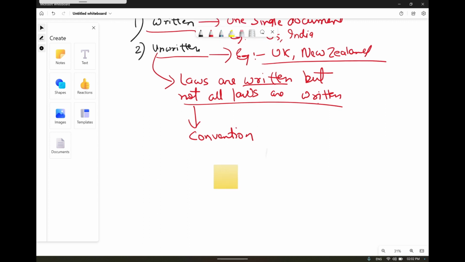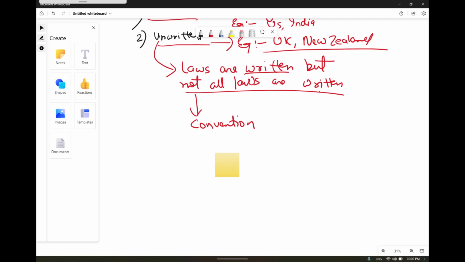For example, the laws which are passed by the British Parliament will be signed and approved by the Queen, or the King currently. This is one of the laws. But this law is written nowhere in the UK.